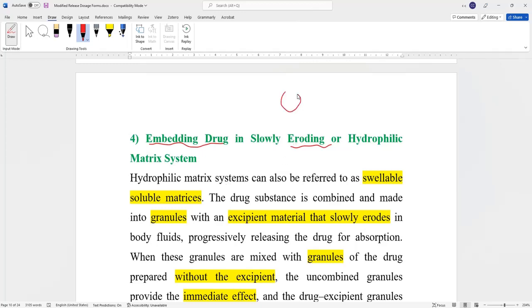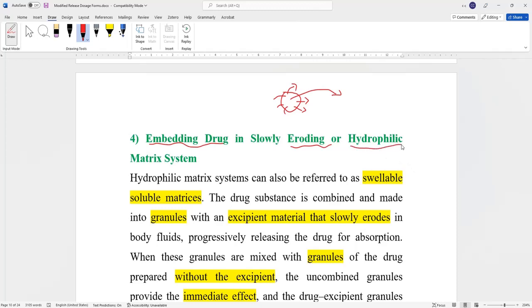When you have something like tablets, for example, or a better example, an effervescent tablet that you put in water, you find the material at the surface starts to erode and goes out into the medium. This is eroding, a removal from the surface. You remove things from the surface of the dosage form.